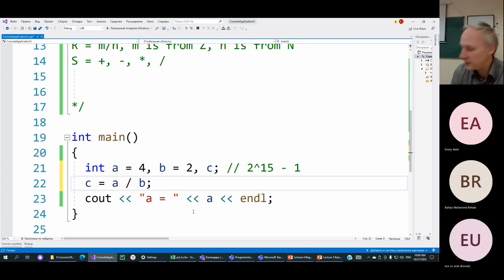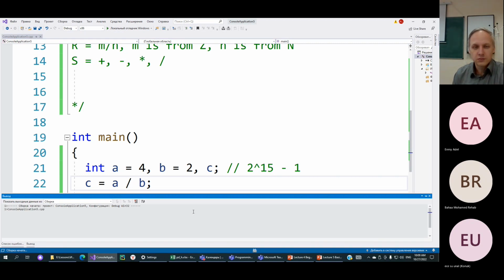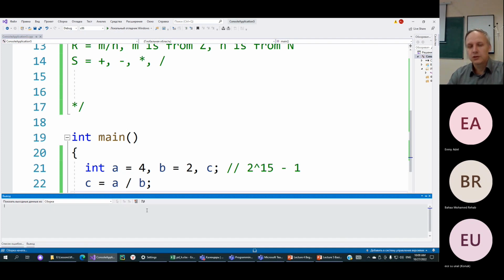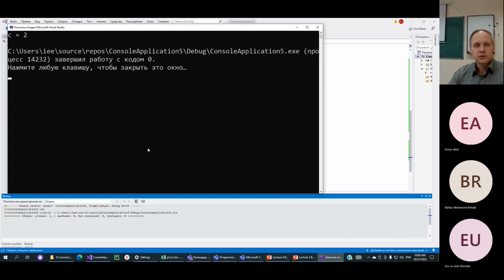What will be the value of C? Yes, the value of C will be 2.